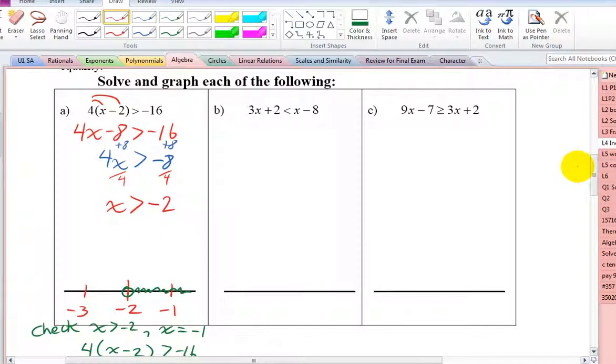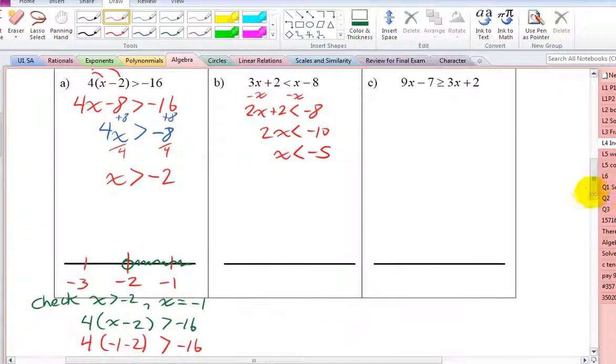B. Solve it. -5. Number higher, -4. Number lower, -6.